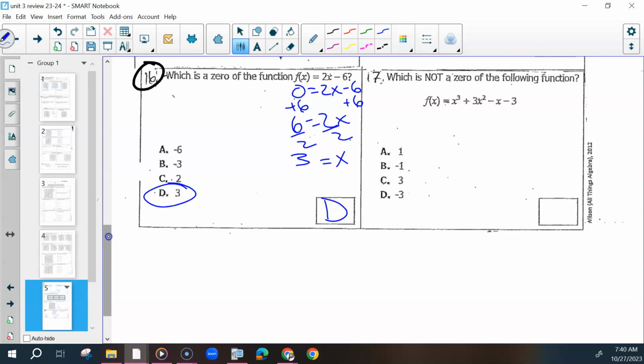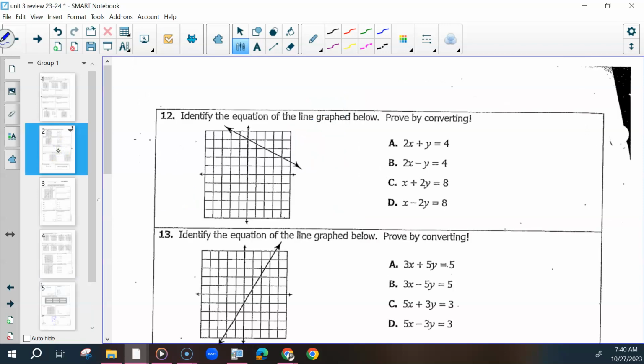But on the back of the first page, 12, 13, 16, and 17 are all graphing. Do you have questions on any of those? What page is that? The back of the first page. Can we do 13? Yes.